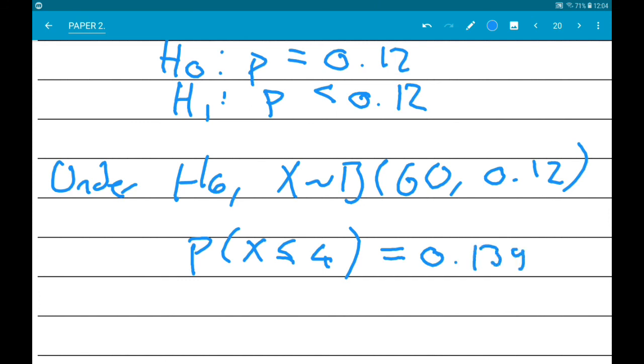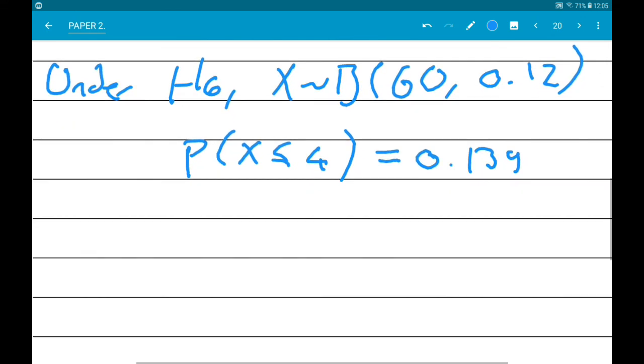Now, we were testing at the 10% level. If this probability had been less than 10%, we would accept H1. Because it's more than 10%, 13.9%, we reject H1. So, really now we should say 0.139 is bigger than 0.1, which is 10%.